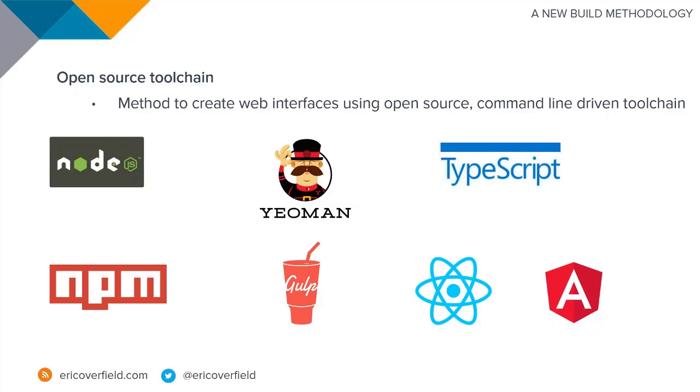We really want to have some sort of templating engine, something that will allow us to quickly spin up a new project based around a currently defined idea, such as, hey, we want to start a new SharePoint Framework web part. We're going to use Yeoman for that. We need something to help us build all of our code. So every time we make a change, everything needs to get recompiled, transpiled, uploaded, etc. We want to have a testing environment that doesn't require SharePoint to test what we're doing.